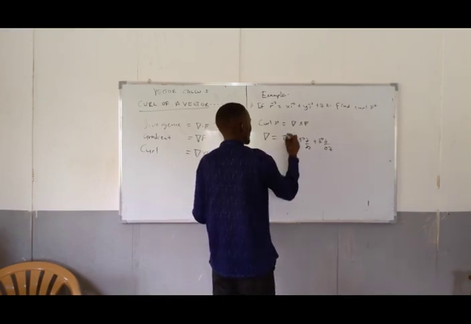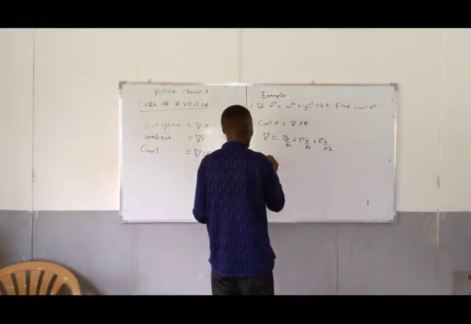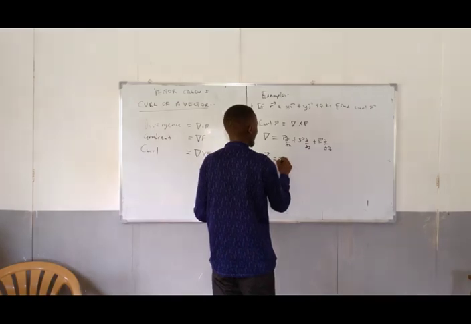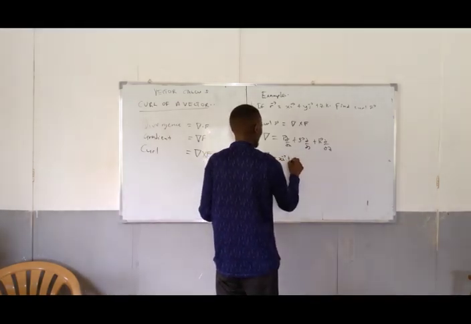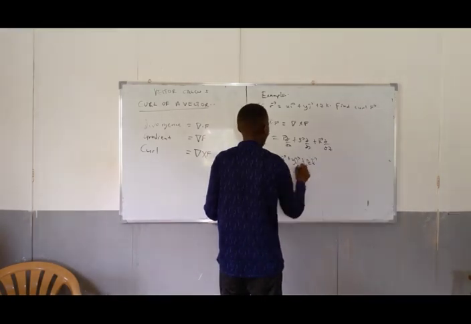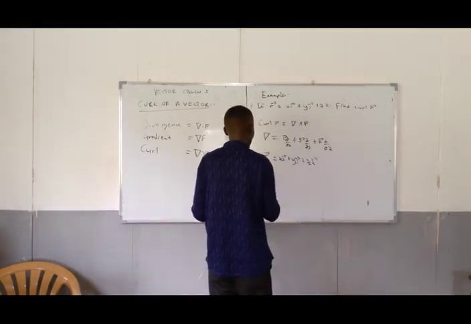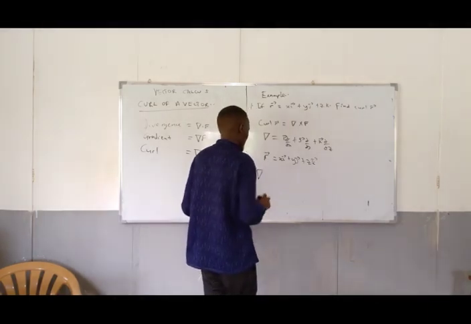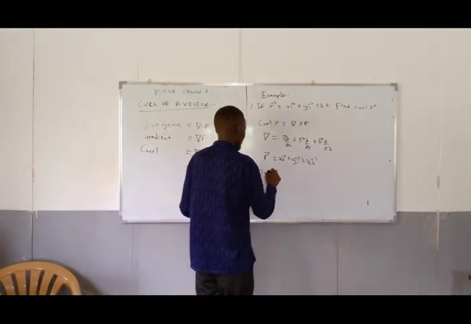And now instead of F we are having R, which equals xi plus yj plus zk. So now for me, curl is the same as del cross F.